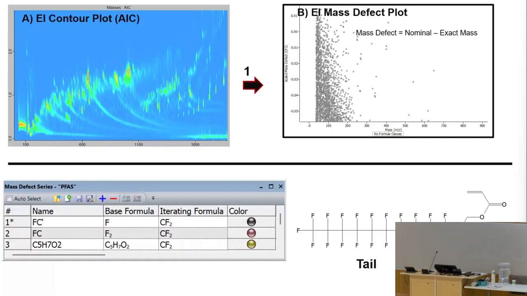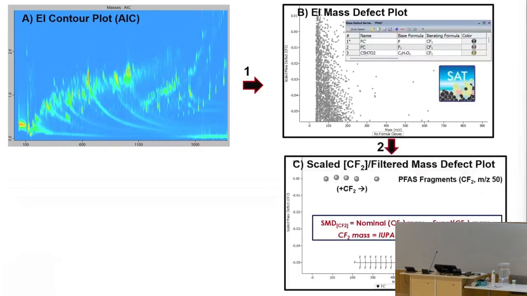I have a CF3 prime that's for odd, but I can also target even. Those are for the tails, and I also can target the head. In this case, I have that last entry there. It's to target the head, for example, of that acrylate species.